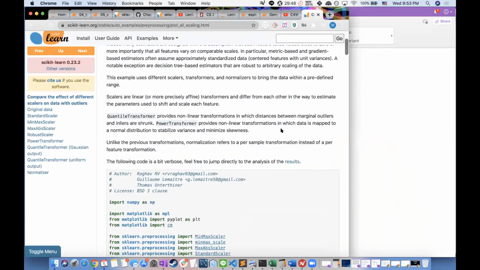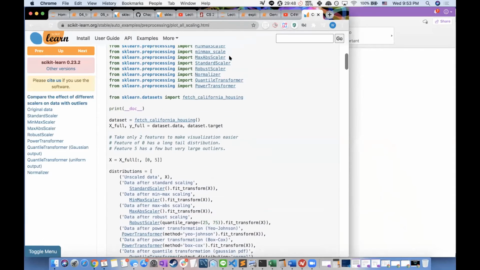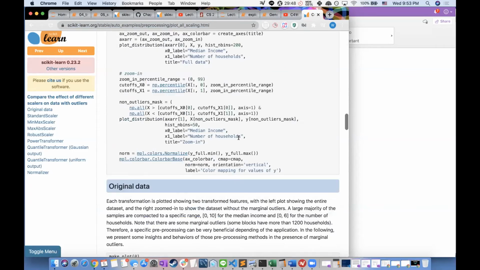I mentioned this previously. This page actually plots all the scaling methods. Let me just type that into the chat. So this plots the effects of scaling.